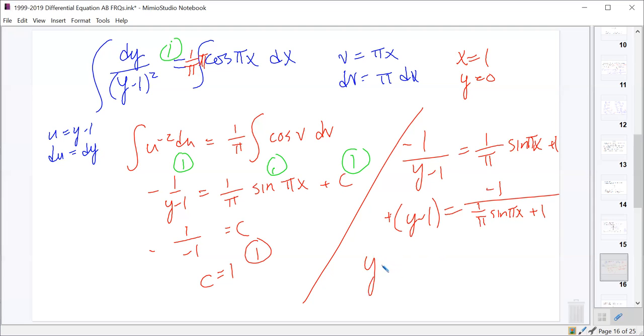So we end up with y equals 1 minus 1 over (1 over pi sine pi x plus 1). And you might have simplified it slightly differently, but that's probably fine. They multiplied everything by a pi in the numerator and the denominator to clear out the 1 over pi, but not necessary. That was your last one.